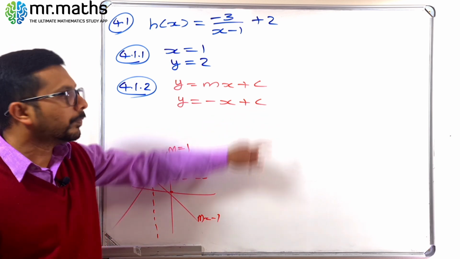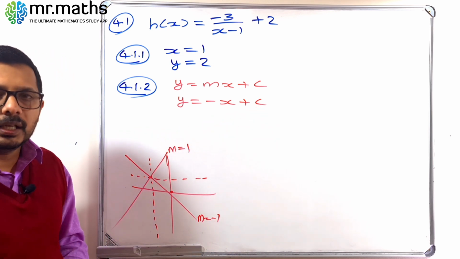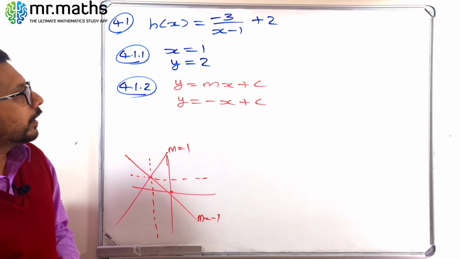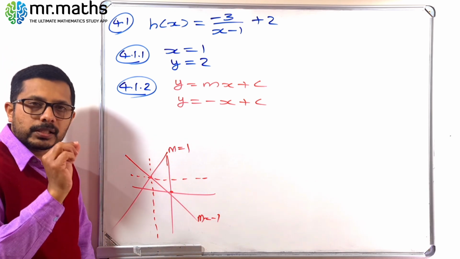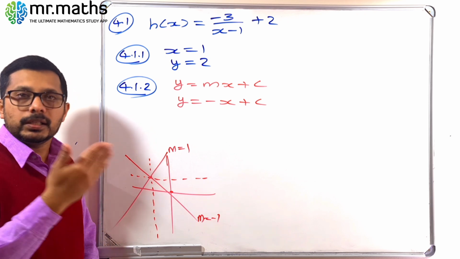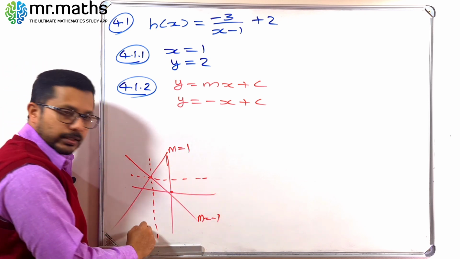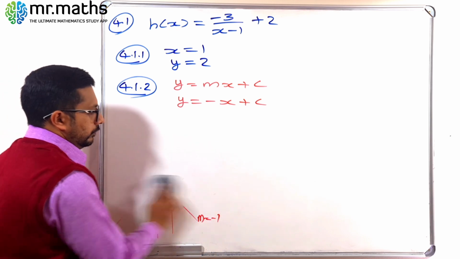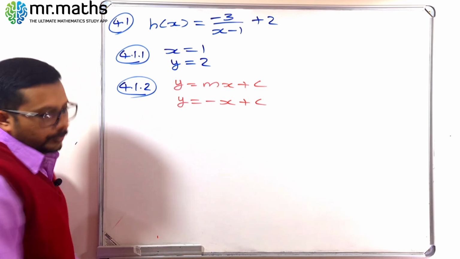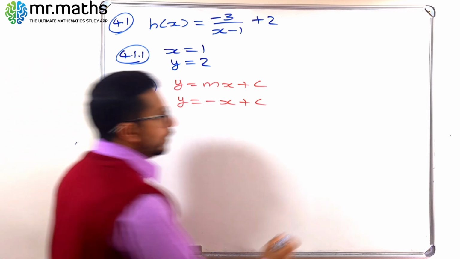Okay, so try to understand like this. Here this axis of symmetry always passes through the, not always, if there are asymptotes like this. Let me try to draw that graph here.